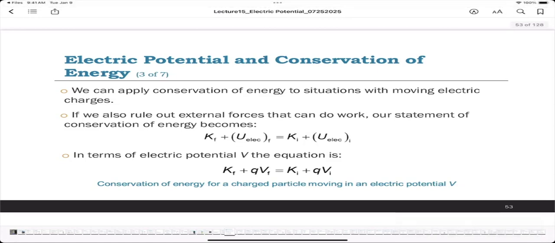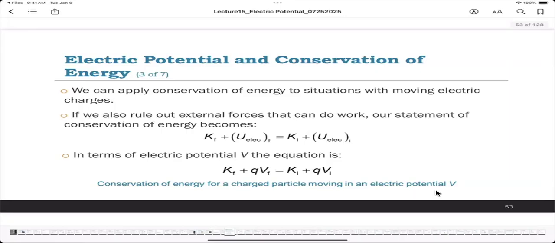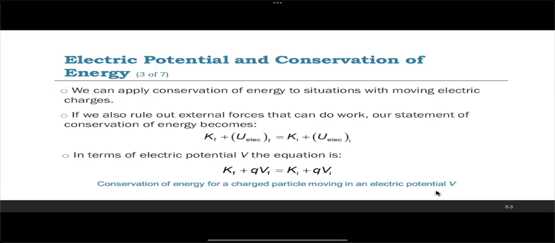Think about that a little bit. The f represents final and the i means initial. In the final situation, the kinetic energy plus the electric potential energy equals the initial kinetic energy plus the initial electric potential energy.